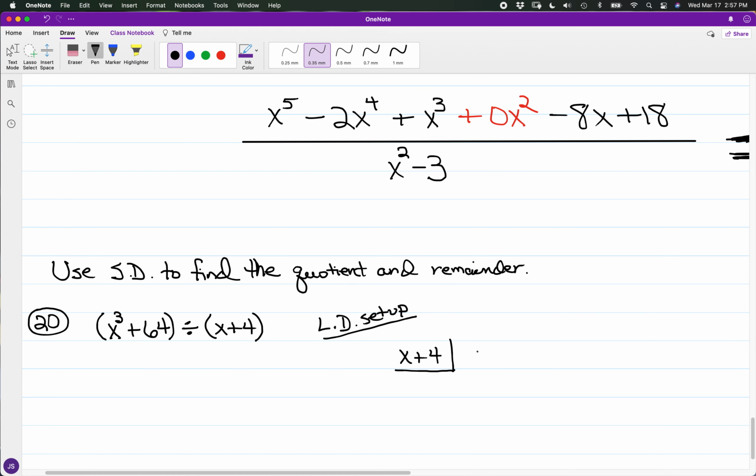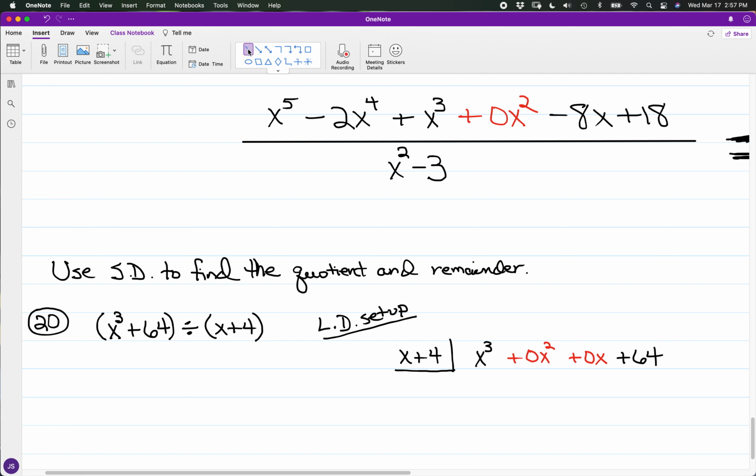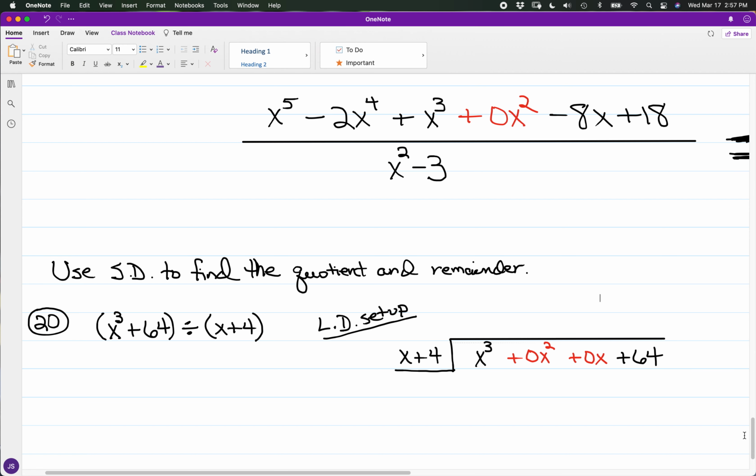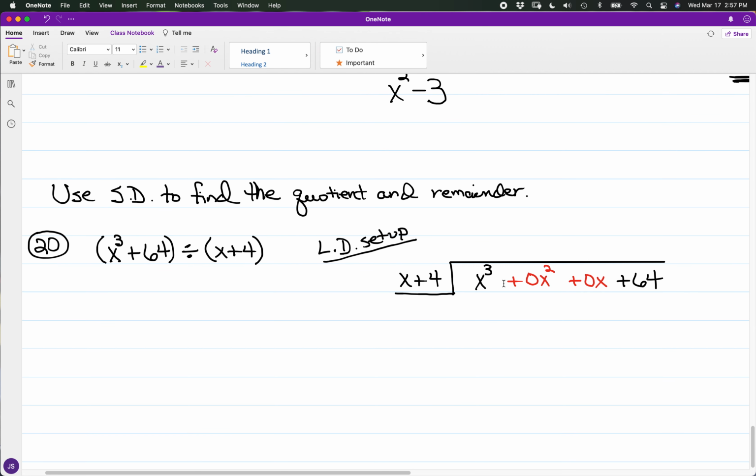We have a gap between x cubed and 64, so we have a missing second order term as well as a missing first order term, and then plus 64. So this will be your long division setup.